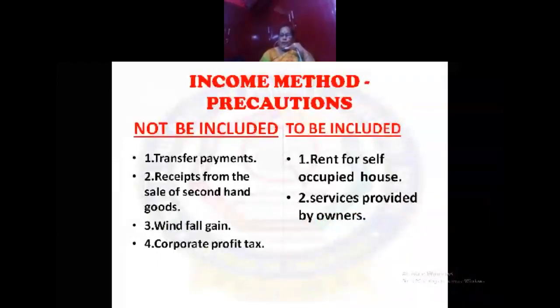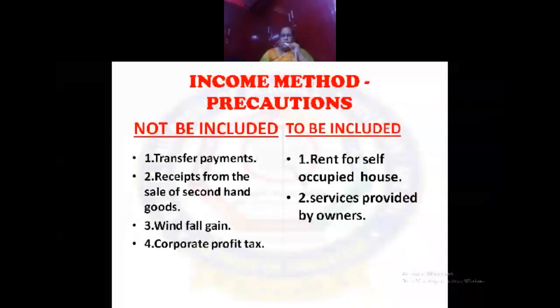There are 4 points which are not to be included in income method, and 2 points to be included. What are the things not to be included? Number one, transfer payments. What is transfer payments?